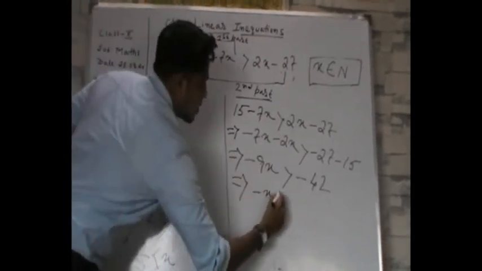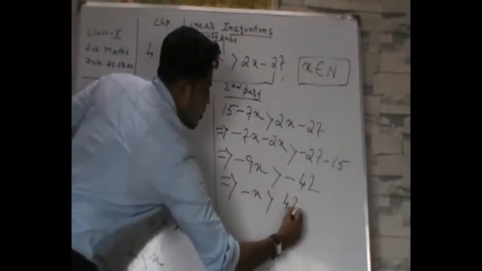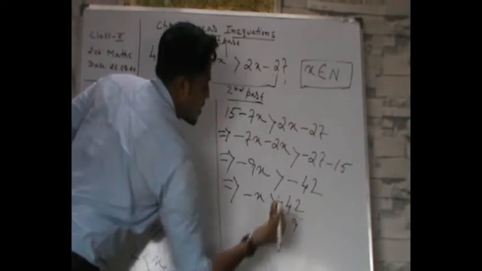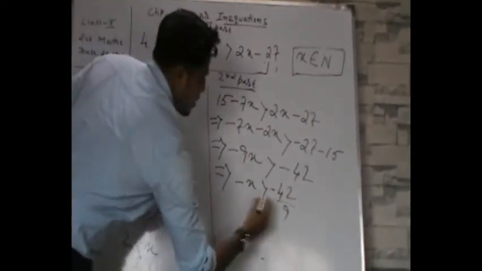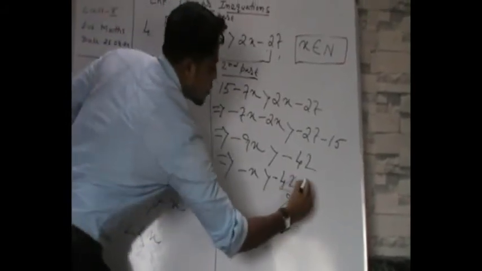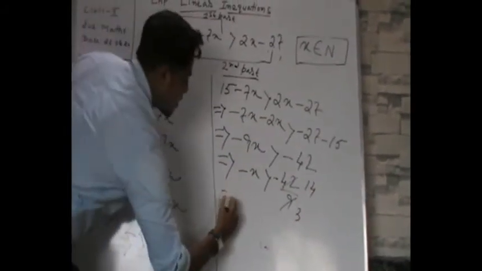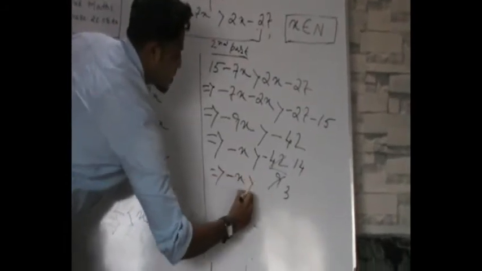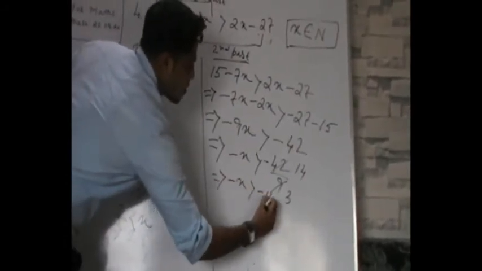Once again, 42 by 9, minus sign is there. 3 threes are 9 and 3 fourteens are 42. Okay, so minus x greater than minus 14 by 3, but we are finding the value of positive x, not negative.